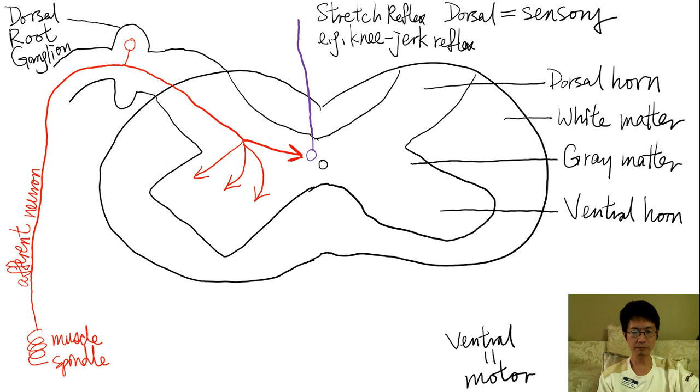This neuron actually goes up. Where does it go to? Your brain. And guess what? Your brain also sends a top-down signal to inhibit.